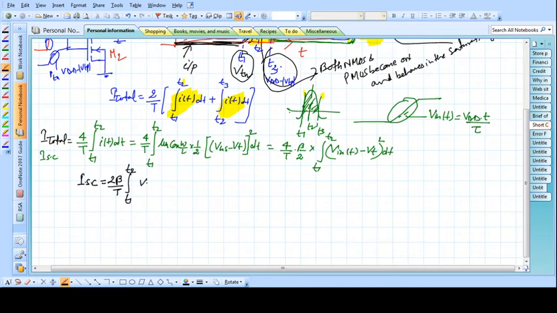Then we can write v in t is nothing but simply (t by tau minus vt) whole square dt. So after that, what we are assuming is that at t equals t1, the input voltage, that is our v in, is nothing but simply vt.